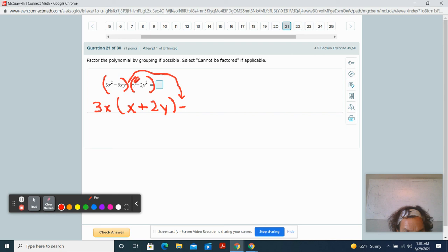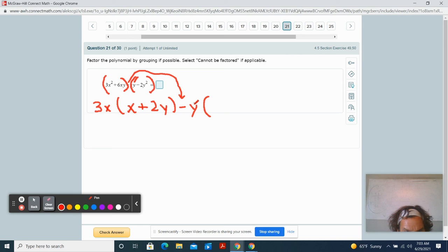So the common term, there's no number that's common, but there is a y there, and there's a y squared there. So I'm going to put a y. Now, if there's a minus there, that's going to act like a negative y. So you remember when you factor out negatives, what happens is it changes these signs.